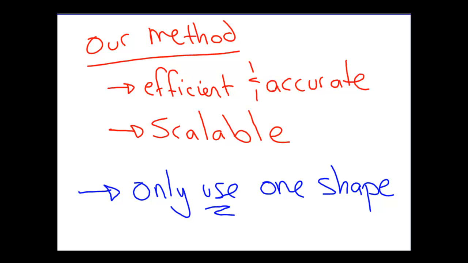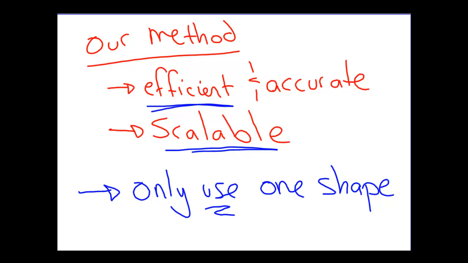One of the problems we had with some of the efforts that people attempted was that we found that, well, we can use this shape for this part and this shape for this part, and we can use this shape over here, and we ended up having a lot of different shapes. Unfortunately, that level of customization is not very efficient, and it's not very scalable. If we have to custom build our shapes for this particular curve or that particular curve, it no longer becomes something that is efficient and scalable.